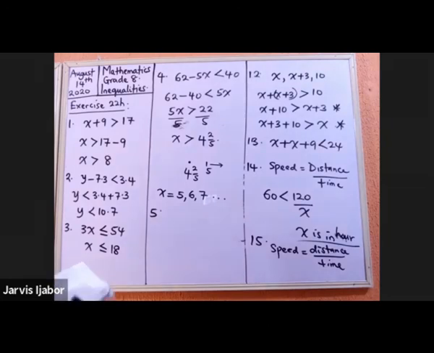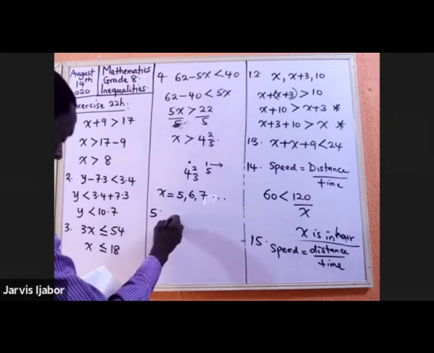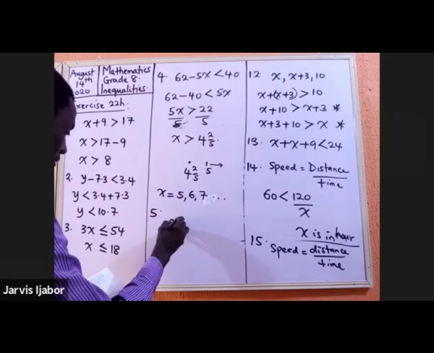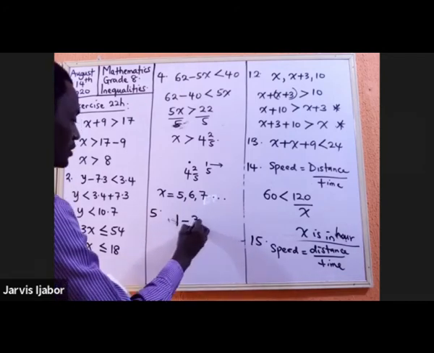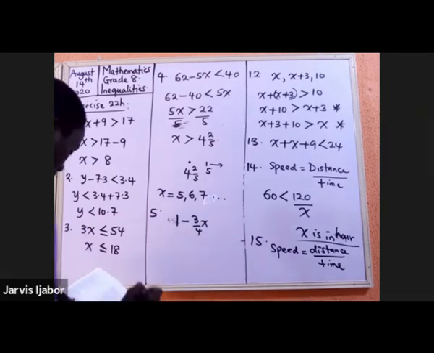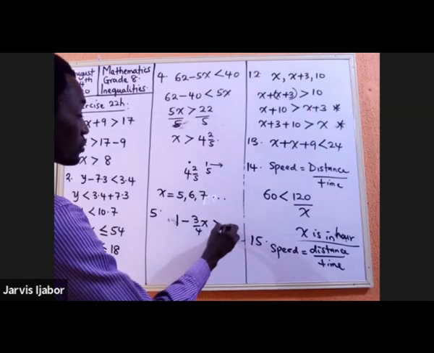So for question 5, x is a whole number. If 3/4 of x is subtracted from 1, 1 minus 3/4 of x, the result is always greater than 0. Greater than or equal to, it's always greater than 0. That's greater than 0.